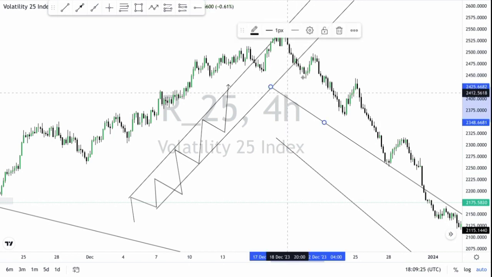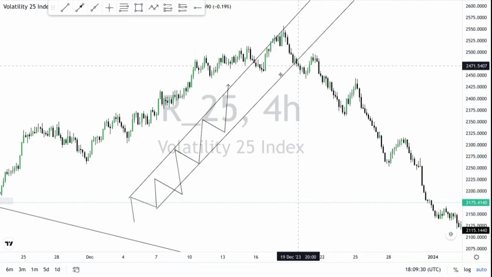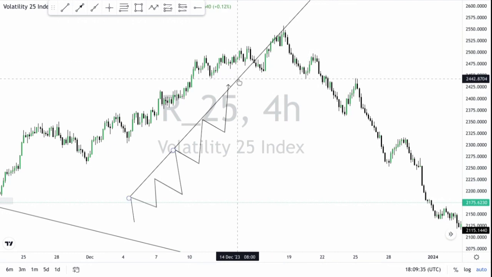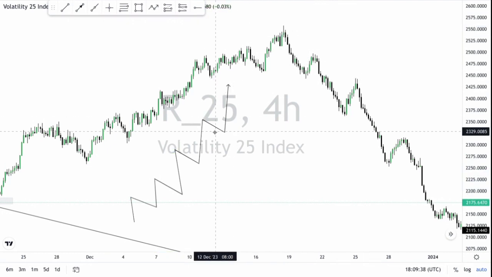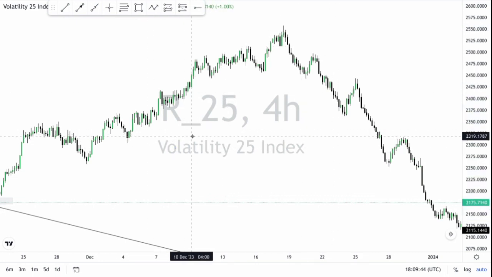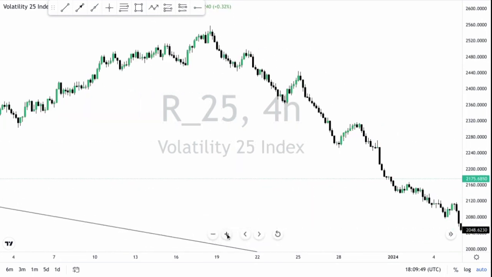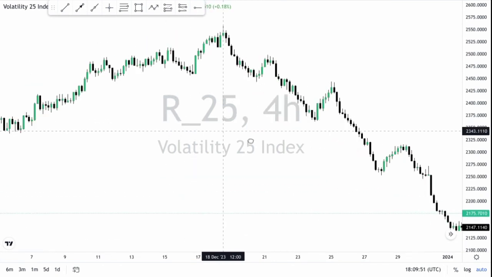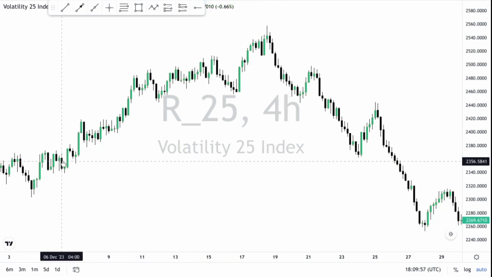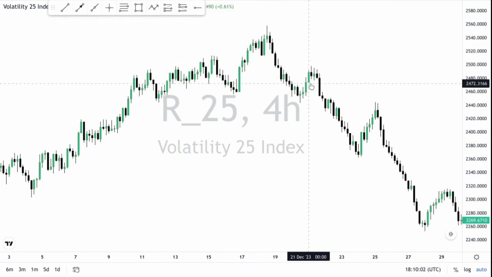Now let us go back to the real charts and show you what I mean when I talk about trend lines. For you to actually draw trend lines, you have to identify two areas at the top of the structure or at the bottom of the structure. What do I mean by that? Let's look at this chart over here. This is the top, and the market was on a buy trend, right? It reached this top before it started going down.